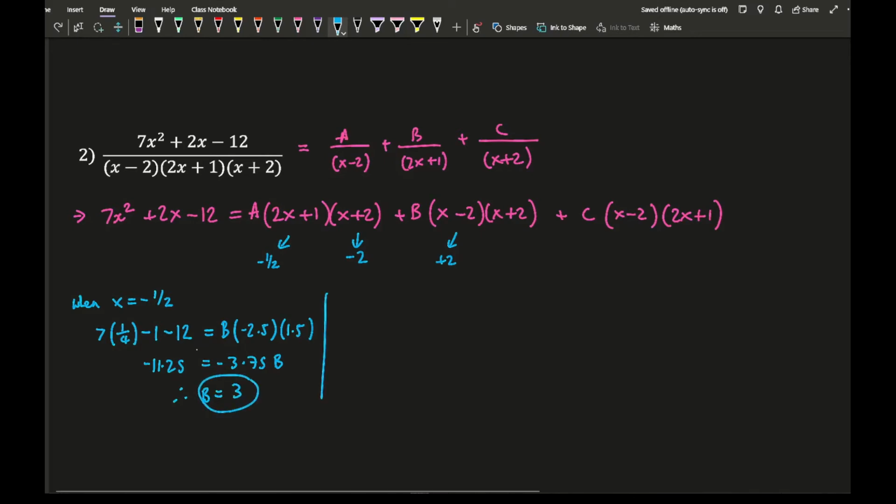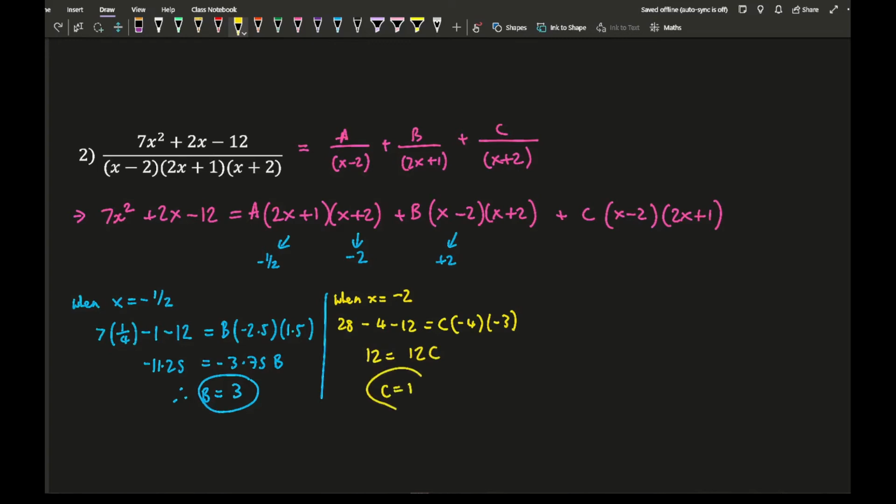Moving on with the next one, let's go for yellow. When x equals -2, what I end up with is 28 minus 4 minus 12 equals, and it's c that I'm going to keep. So c lots of -4 minus 3, which leaves me with 12 equals 12c, so c equals 1.